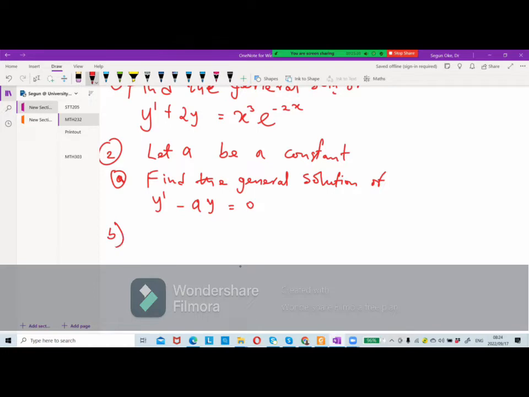Question B says, solve the initial value problem. These are the questions.